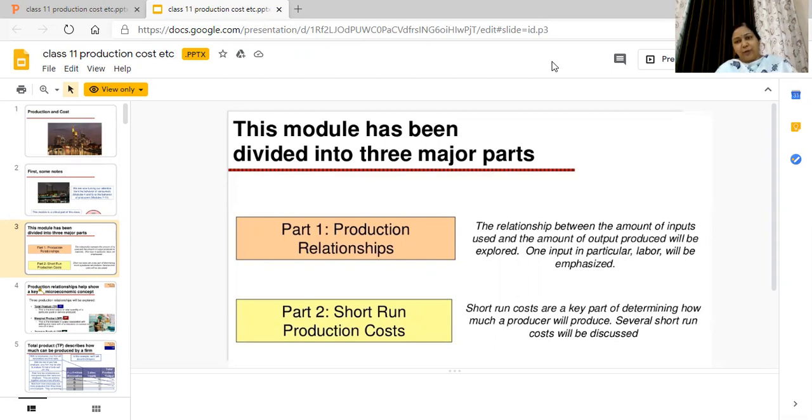Put the gulab jamun in, and then you eat. What are the inputs you are using? You are using the sugar, the flour, the mawa, the ghee, and gas is also there. These are the inputs, and the output is that the gulab jamun is ready. Now you can take it ready to eat.